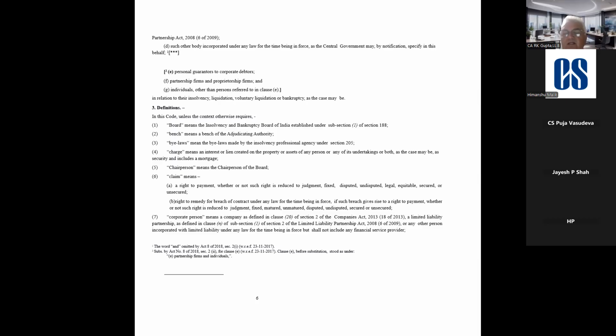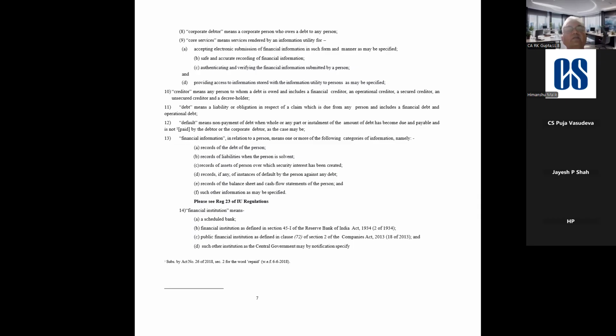The procedure is similar, but because a different regulator is involved. RBI is the regulator which is regulating the financial service providers. The central government will get in touch with that regulator and then they will issue a notification, if at all that financial service provider is to be brought within the ambit of IBC.